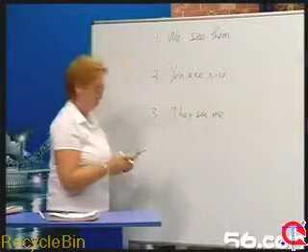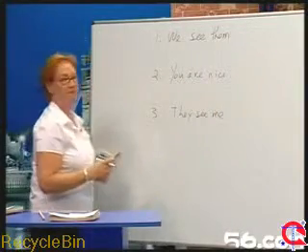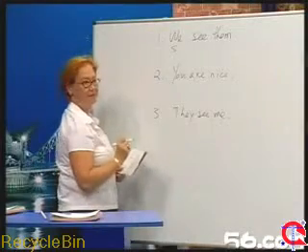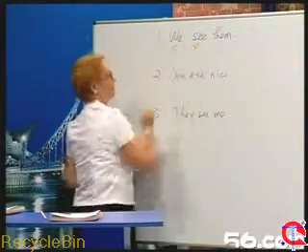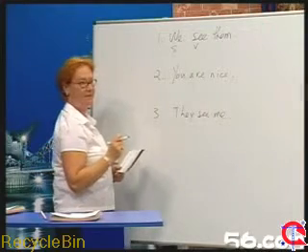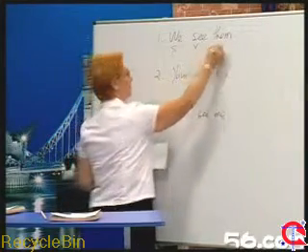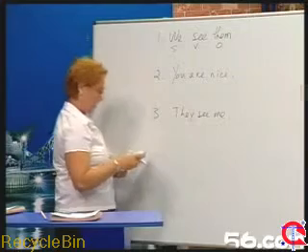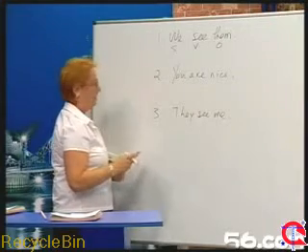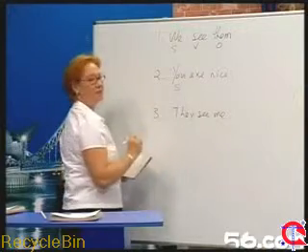Okay, Lisa, you do number 1. We is the subject. See is the verb. Them is the object. Yes, good. Okay. Now, Ali. You is the subject. Are is the verb.